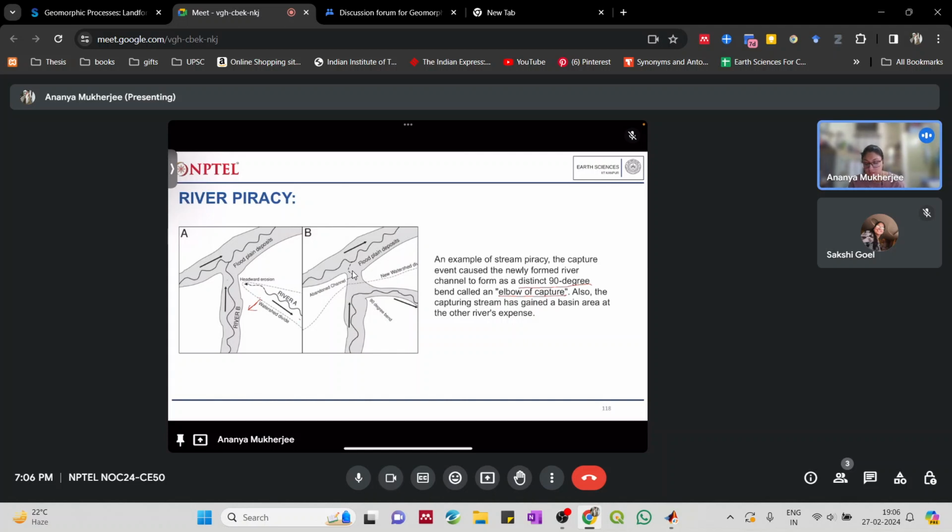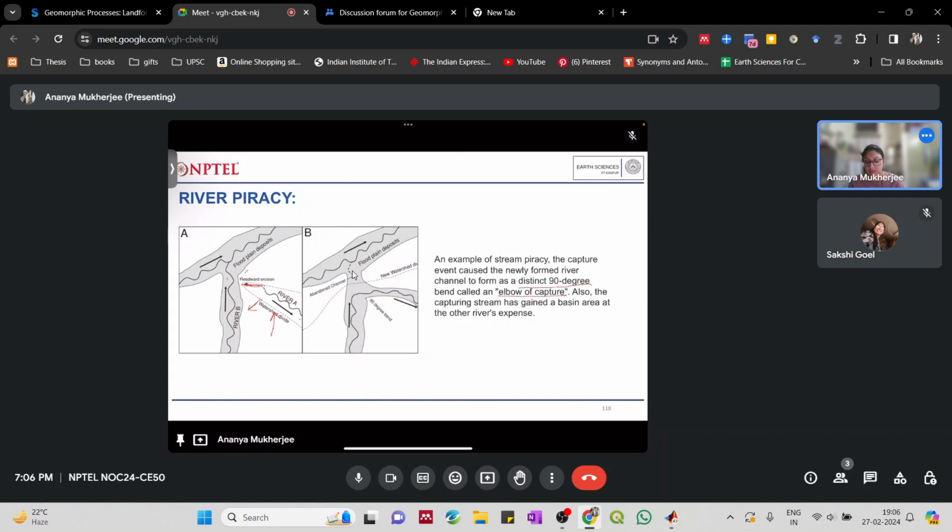Now this river is flowing in this direction, and this river starts eroding in this side. Maybe there was an uplift in this region, okay, which causes the river to slightly change its direction of flow, and the headward erosion is much higher compared to the erosion that is happening over here.